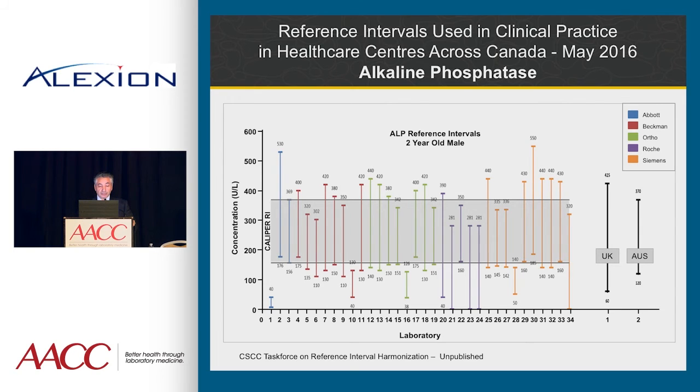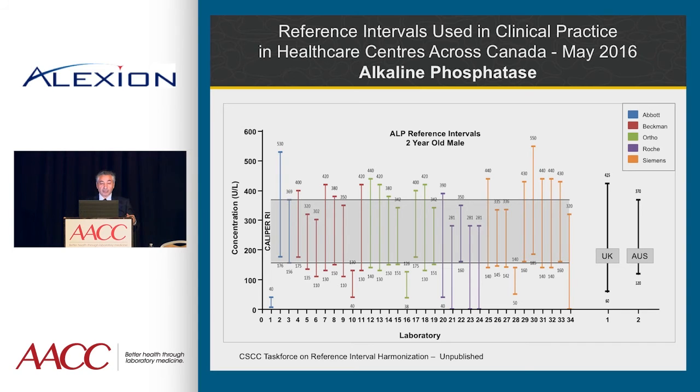And look, some of the labs are using 0 as the lower limit of normal. Of course, this would be particularly problematic in the sense that it can certainly lead to misdiagnosis of conditions such as hypophosphatasia. The shaded area is our recommended interval.